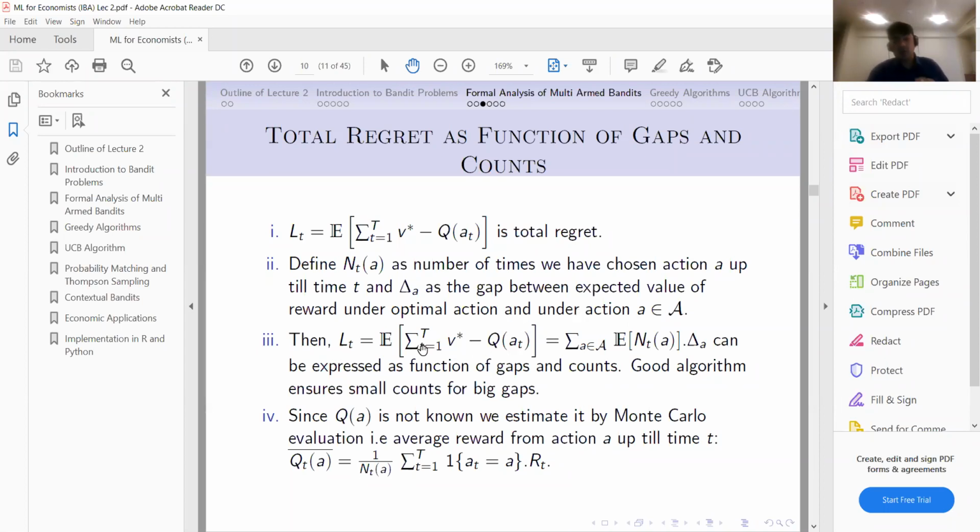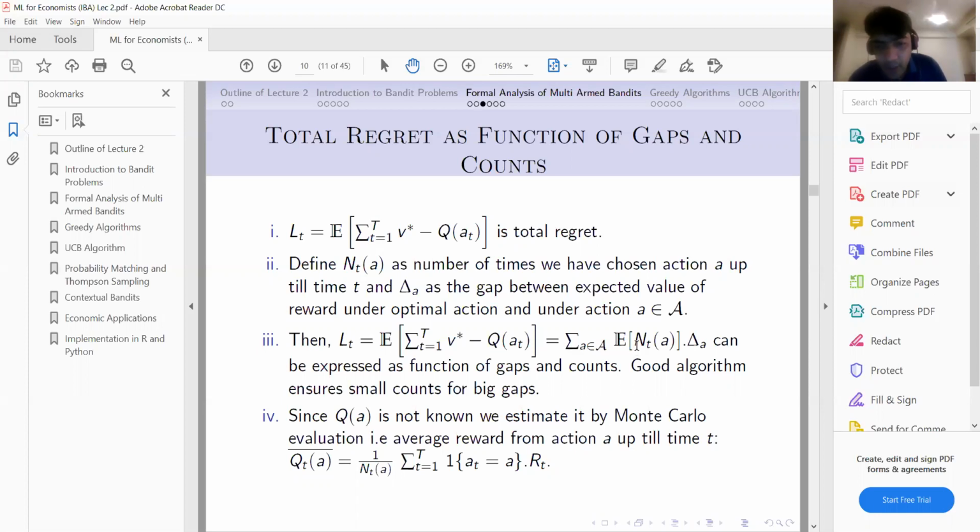So it turns out, and this is convenient, that you can equivalently express the regret in this way, where you just count the number of times that you have chosen any action A, and you do this for all actions across the set of possible actions. You just count NT of A up till time t. So regret at time t is equal to the expected value of the number of times that you've chosen action A at time t, times delta A, where delta A is just the regret from choosing action A.